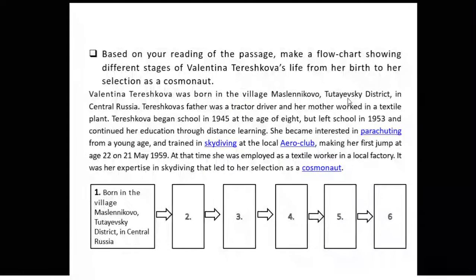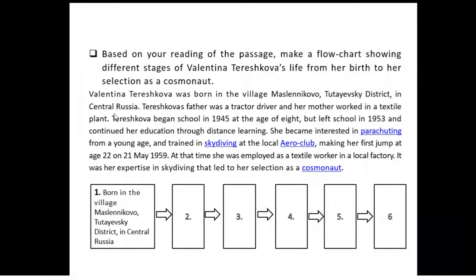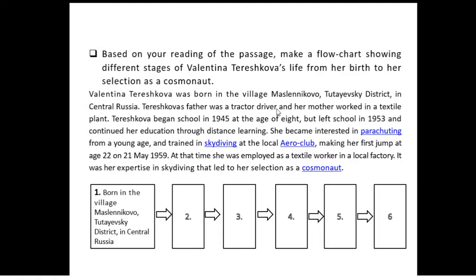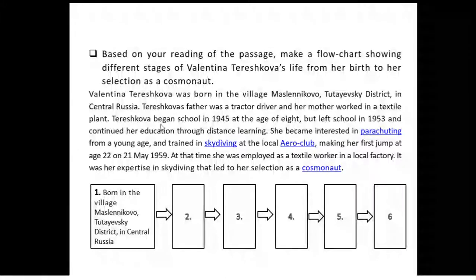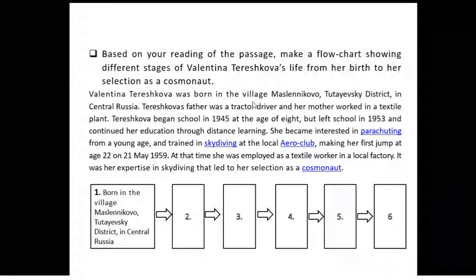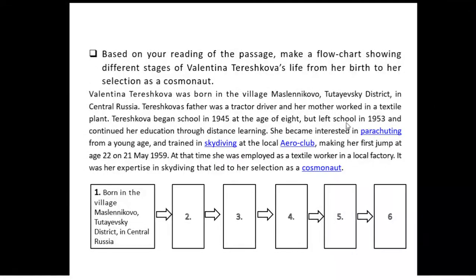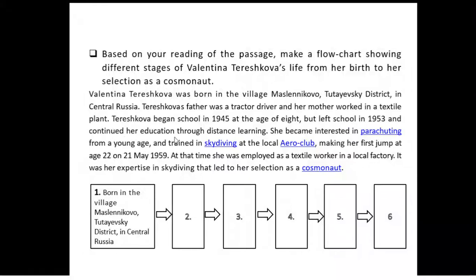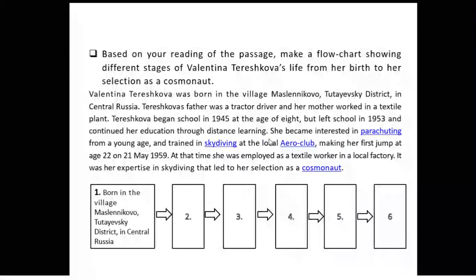Let's read the text. Valentina Tereshkova was born in the village Maslenikovo, Tatarsky district in central Russia. Tereshkova's father was a tractor driver and her mother worked in a textile plant. Tereshkova began school in 1945 at the age of 8, but left school in 1953 and continued her education through distance learning.